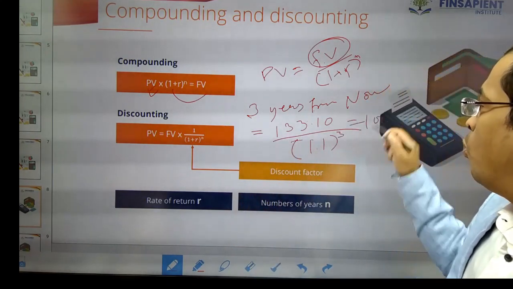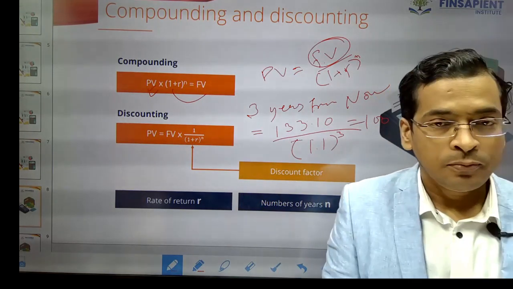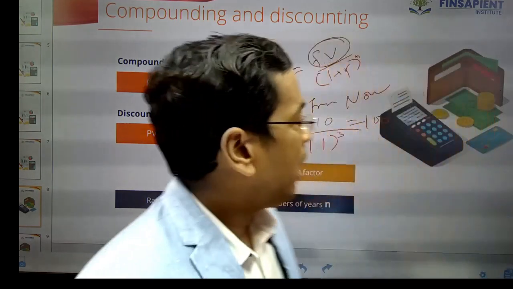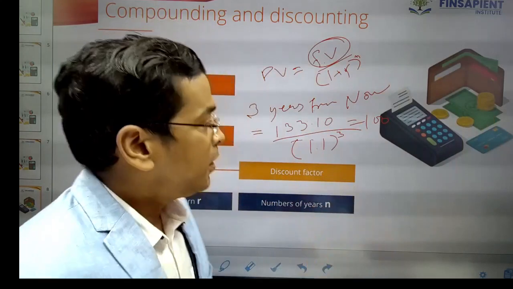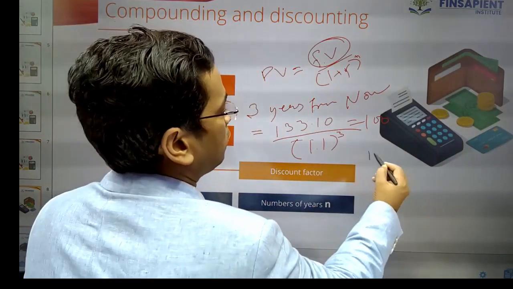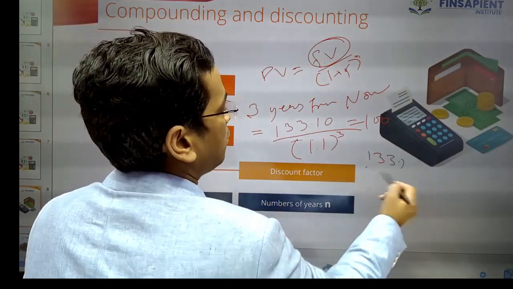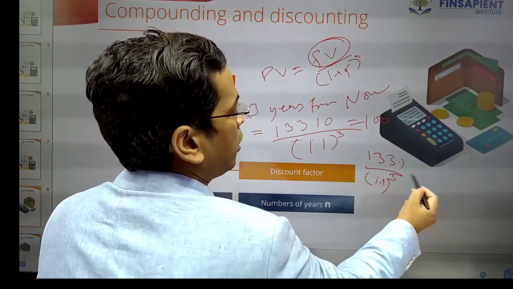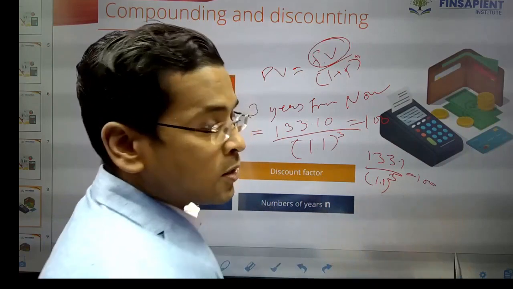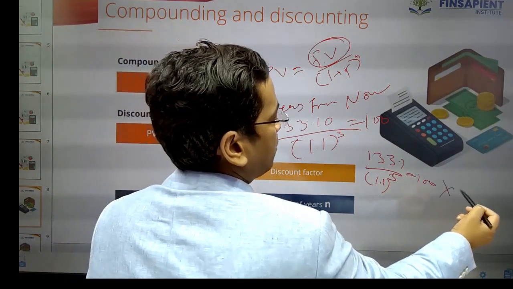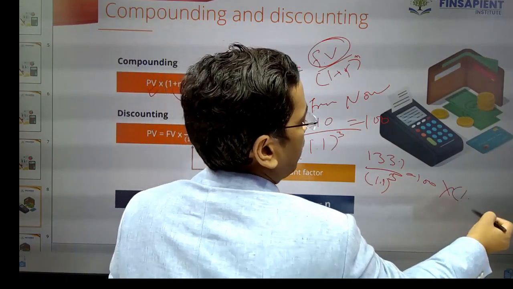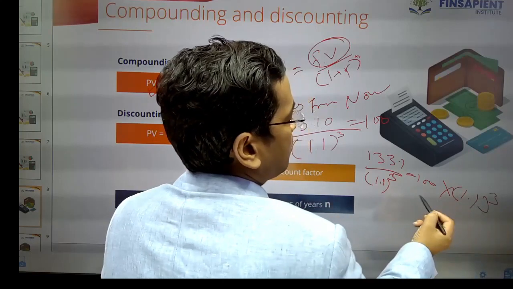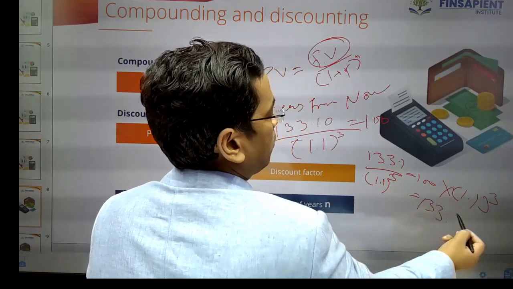That will be 100, because that's what we have already seen: if we divide 133.1 by 1.1 to the power 3, it will be back to 100, because if we multiply 100 by the same number, 1.1 to the power 3, that becomes 133.1.